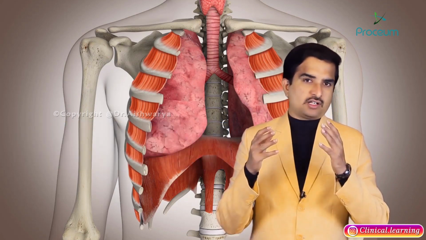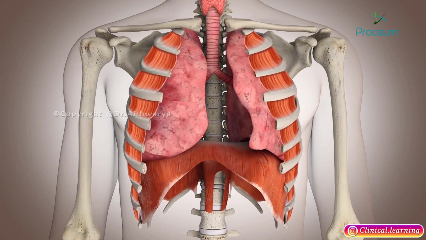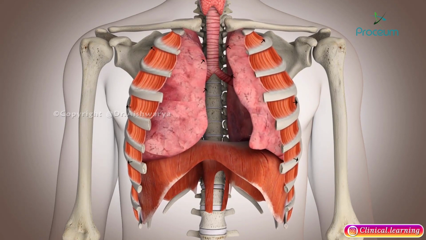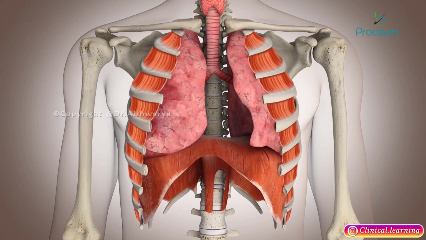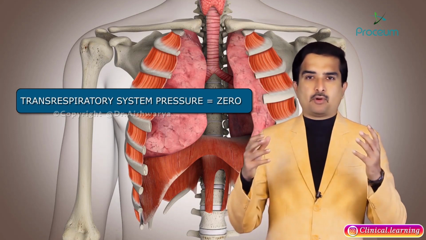At functional residual capacity, the opposing elastic recoil forces of the lungs and the chest wall are in equilibrium, and there is no exertion by the diaphragm or any other inspiratory muscles. So the transrespiratory pressure is approximately 0. What is the significance?